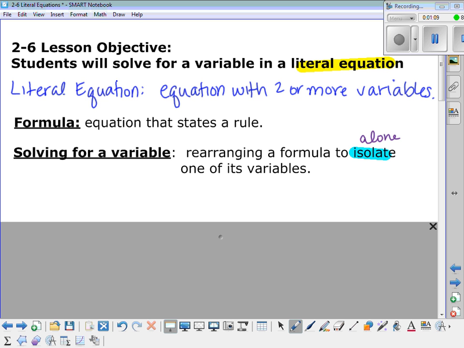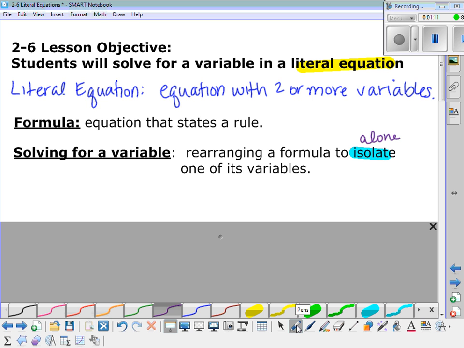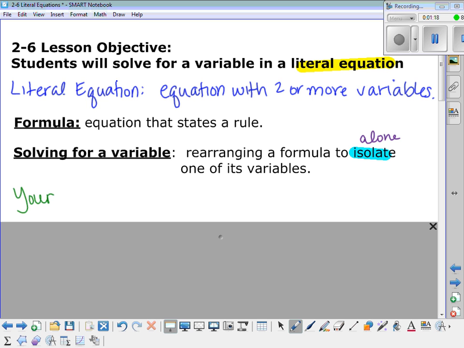We're just rearranging a formula, not solving for a specific value. So your answer is going to be another equation, not a number.